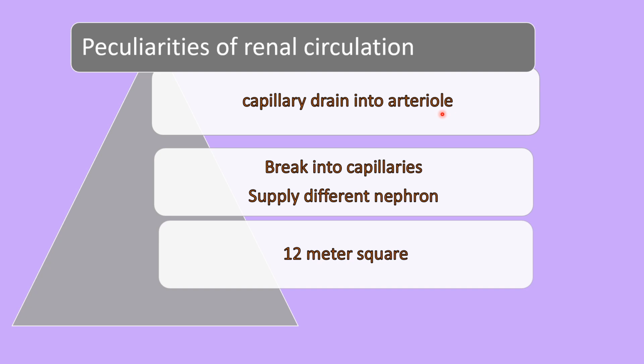The efferent arteriole breaks into numerous capillaries, which supply the different nephrons. The total surface area of the renal capillaries is equal to the total surface area of the renal tubule, that is 12 meters square.